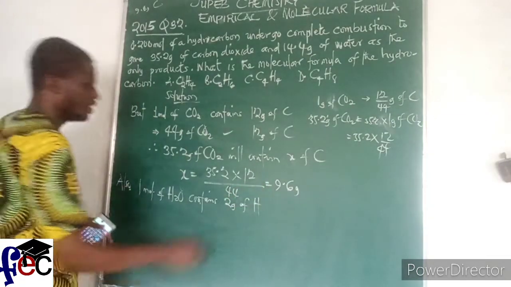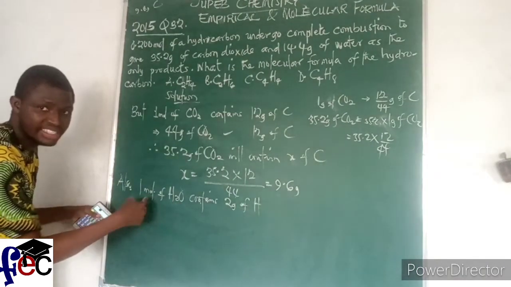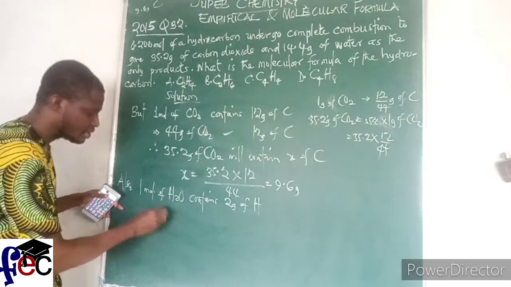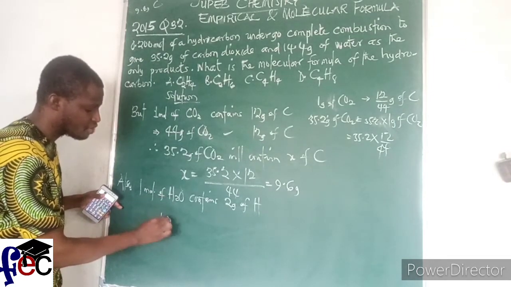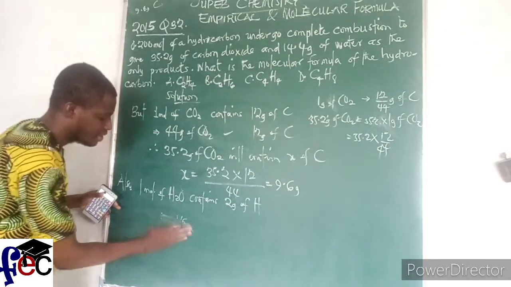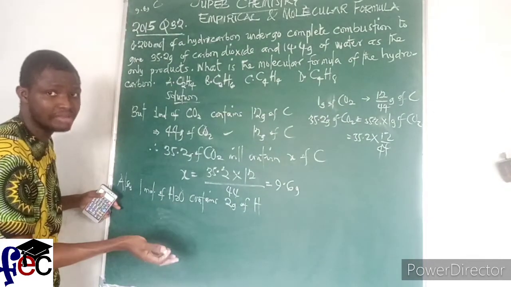So if that is the case, what is the mass inside 1 mole? That's the relative atomic mass. The mass of 1 mole of water is actually what? You take note that it's 18. Hydrogen is 1 multiplied by 2. Oxygen is 16. When you add it up, you have 18. That means that the relative molecular mass of water is 18 grams per mole.